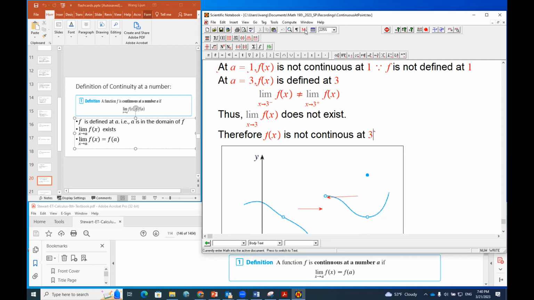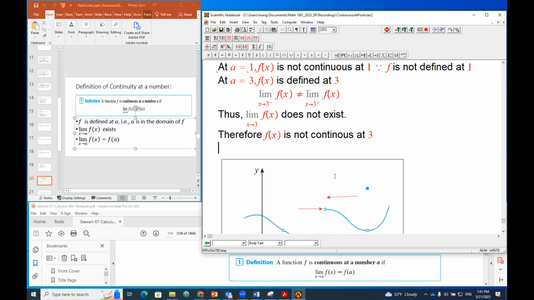at 3. When we say a function is continuous, we must mention where. Okay? If you leave this out, and say f of x is not continuous and leave out at 3, that sentence is incomplete.